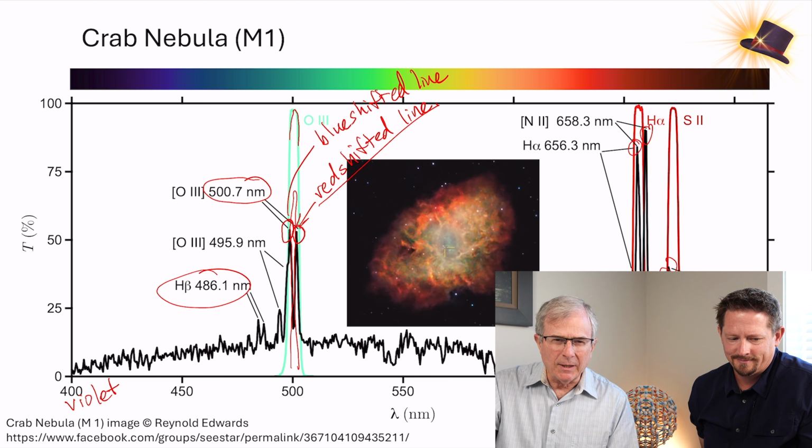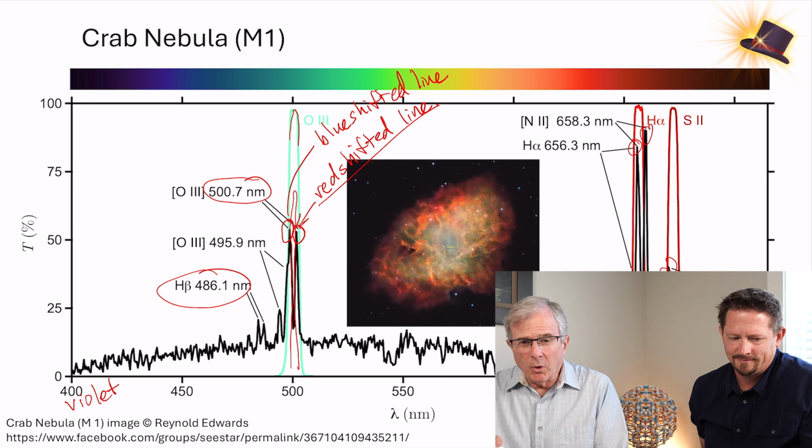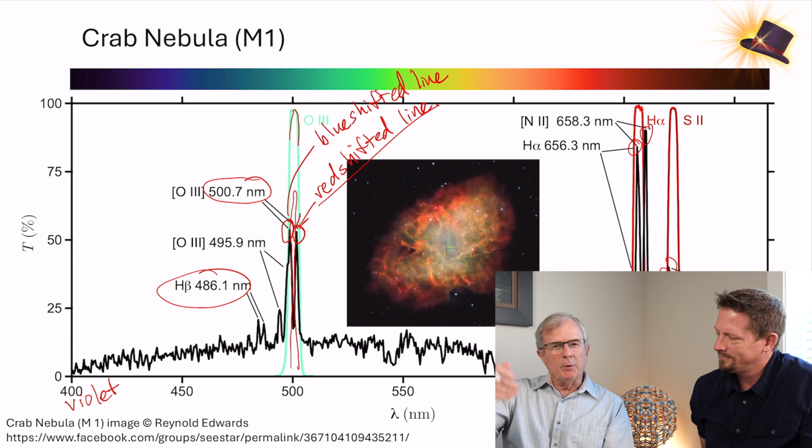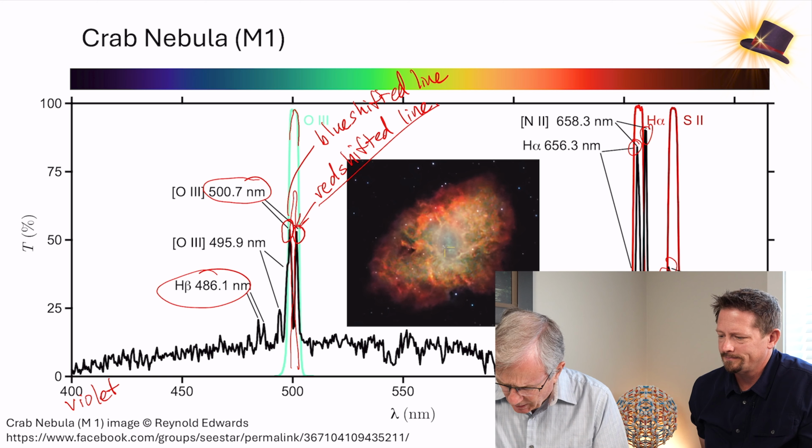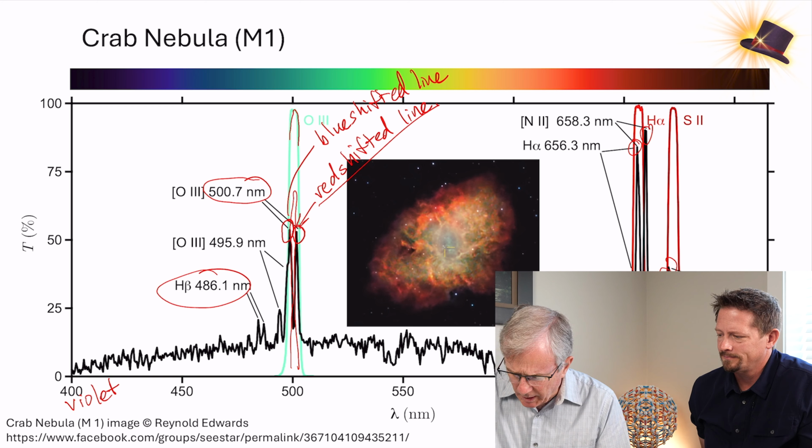We'll talk about this in a later video, but the important thing to notice here is that for supernova remnants that are expanding at such a high rate, you may be throwing out the baby with the bathwater if you're using super narrowband filters. Okay, so let's explain what's going on here.